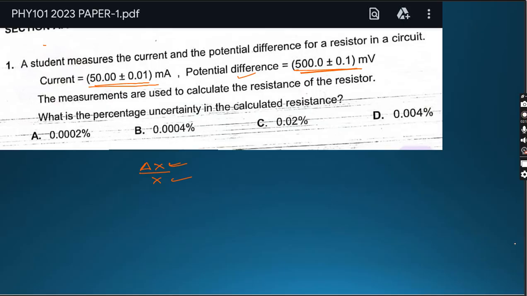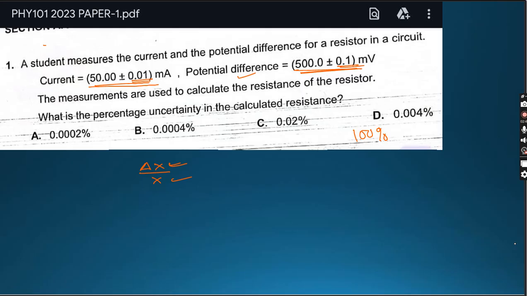Like I always say, not all measurements are accurate. We can't be 100% accurate, no matter how good you may be at measurements, you are going to make some errors. That error is what we call uncertainty, and it is this part, which is represented by delta.